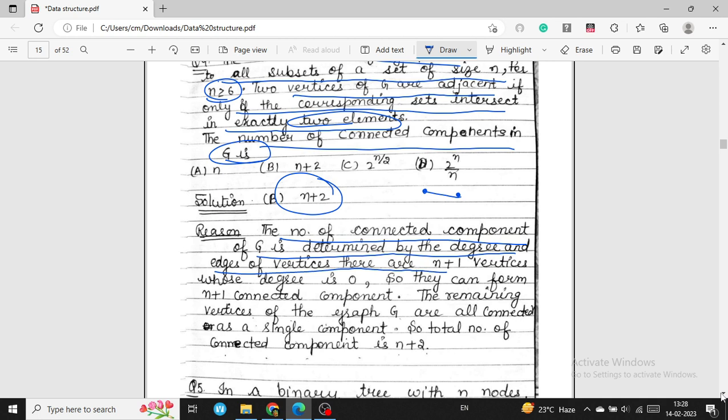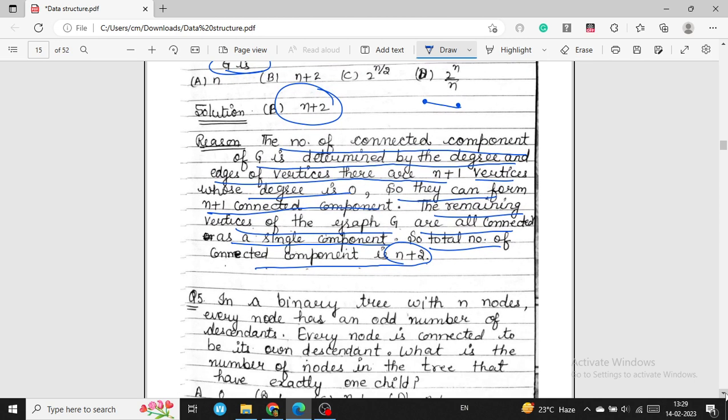There are n plus 1 vertices whose degree is 0, so they form n plus 1 connected components. The remaining vertices of graph G are all connected as a single component. So the total number of connected components is n plus 2. This is the formula for finding the connected components.